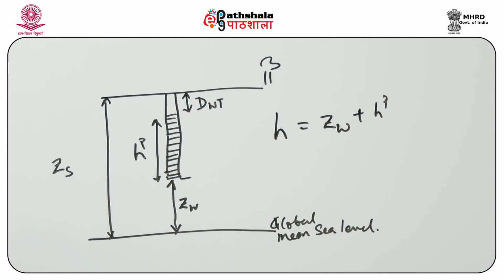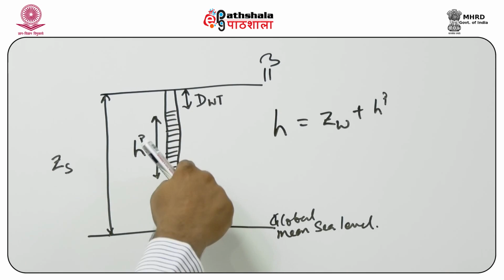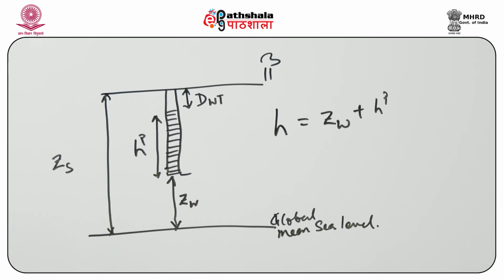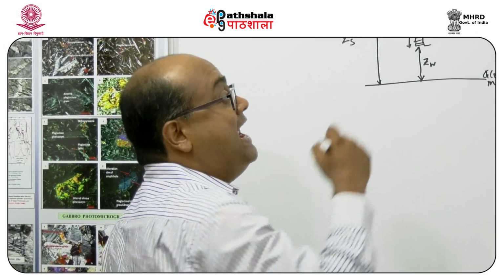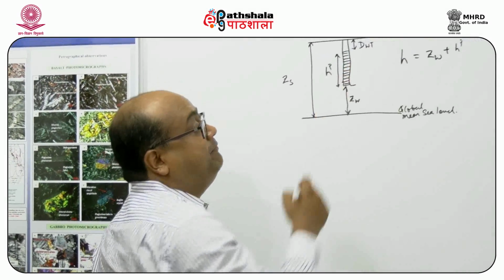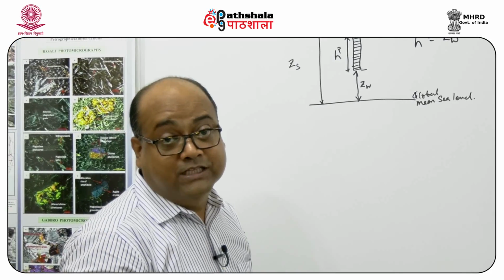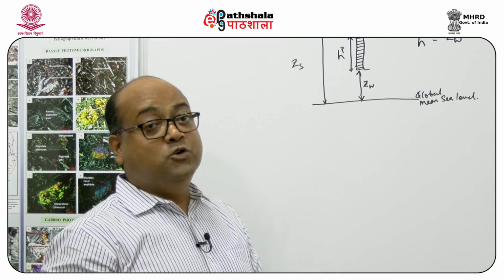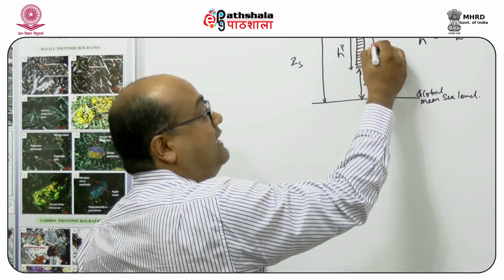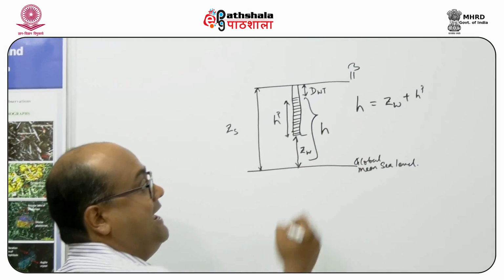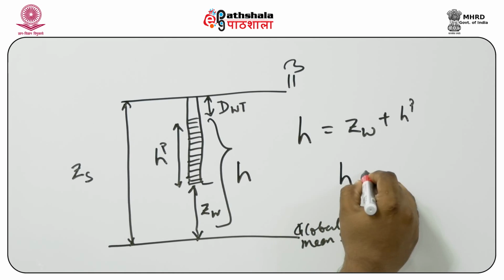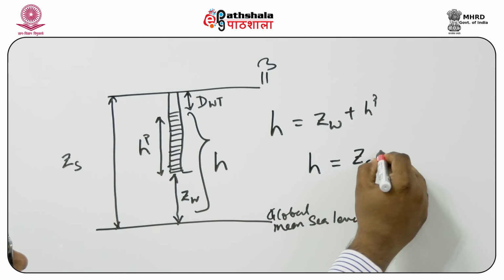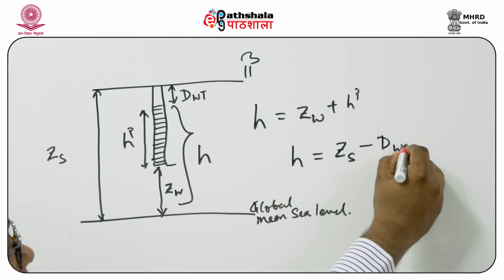Now it is not always possible to get the individual components. So what we do is, if we know the elevation of the surface and if we know the depth to water table measurements from the well, we can calculate the hydraulic head H. How do we calculate H? H is basically given by ZS minus DWT.